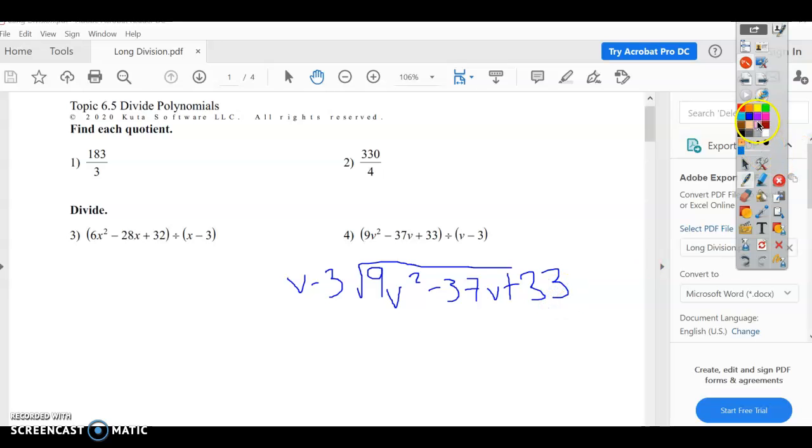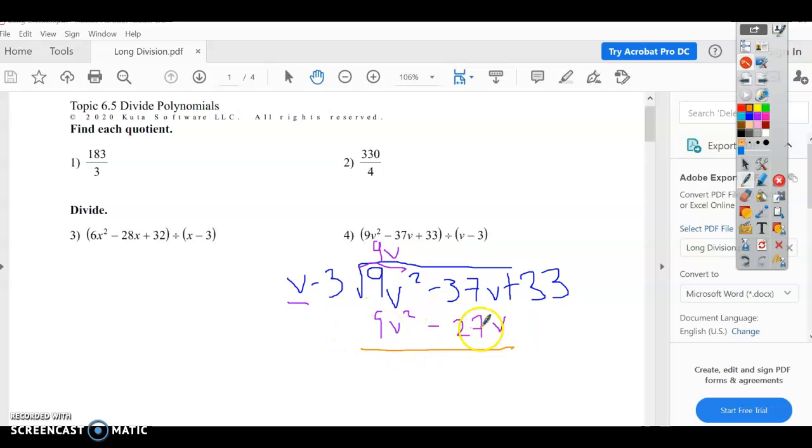Okay, so now we're going to just do it again. So v times what will give me 9v squared, and that's just 9v, because v times 9v is 9v squared, and then negative 3 times 9v is negative 27v.